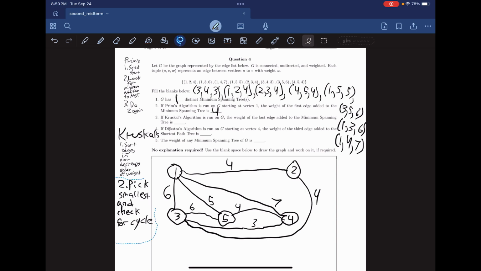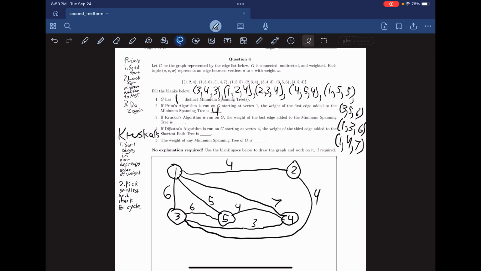So the whole idea with Kruskal's algorithm is that we are going to look through, we're going to find the lowest edge that we have not looked at yet, and we're going to try to add it to our MST, and we're going to see if it has created any cycles. If you'll remember, minimum spanning trees don't have cycles. So we want to add all of the lowest possible weight edges that don't create a cycle.